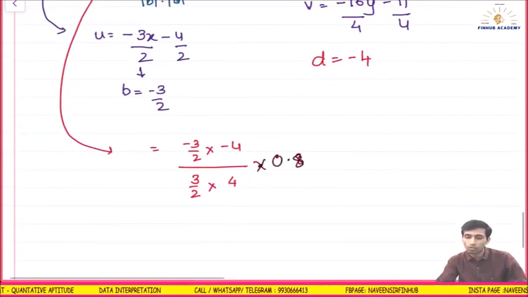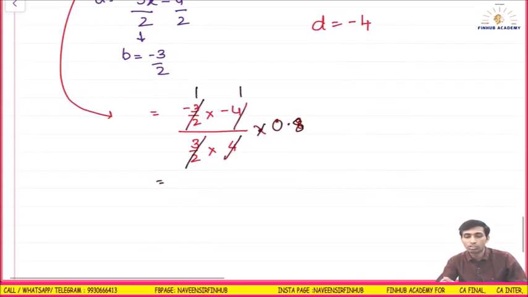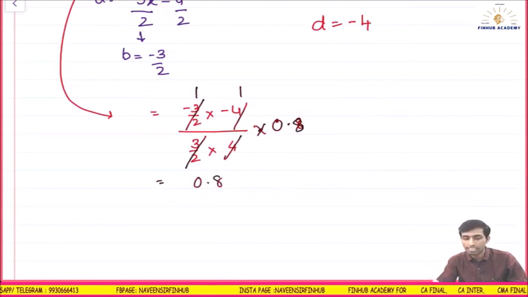Understood? So here, what is the final answer? This minus minus becomes plus, so minus 1 minus 1 ultimately becomes positive 1. So the answer is 0.8. Understood?